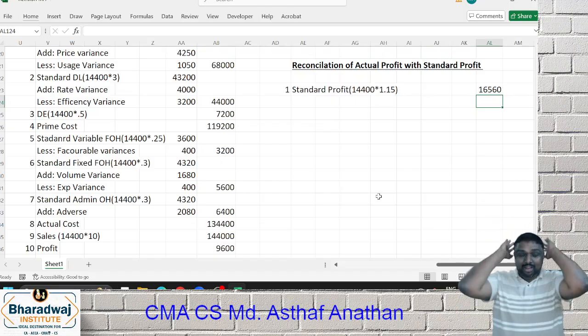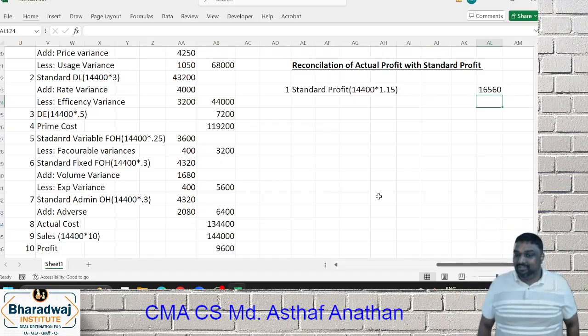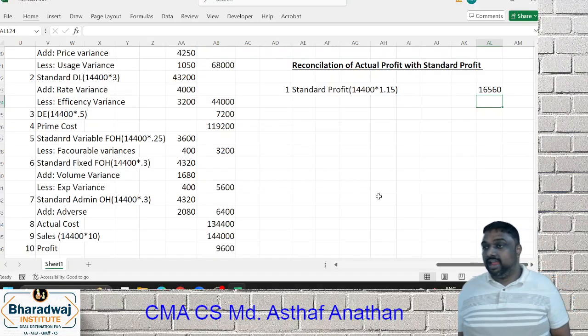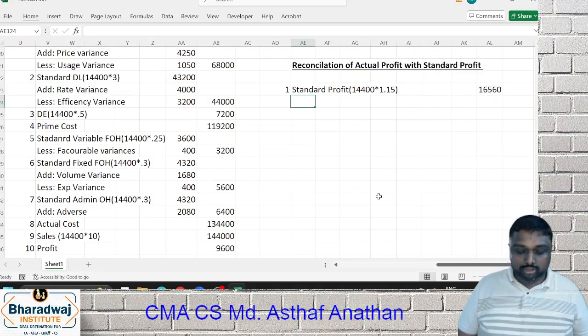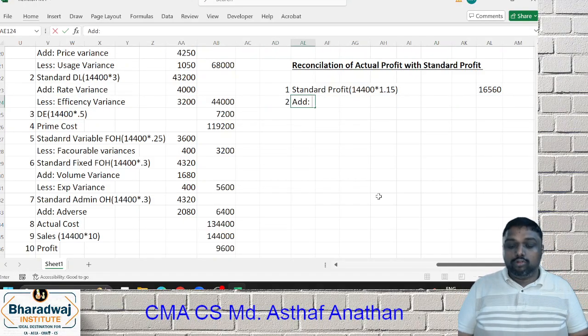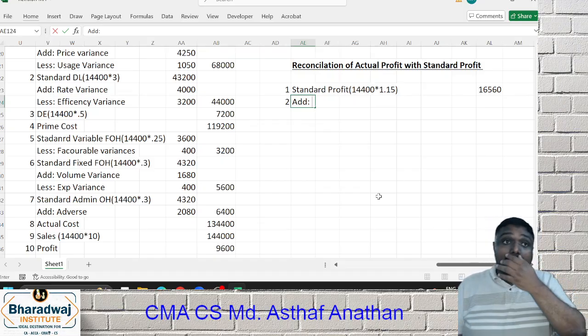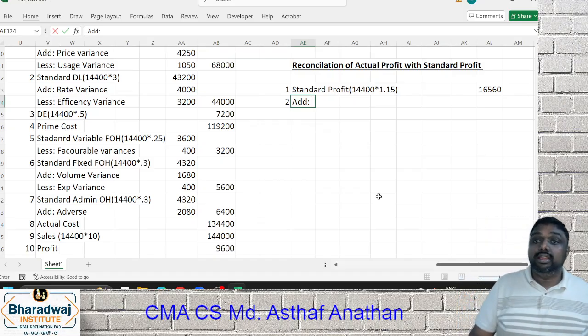Now you have to get the actual. I am telling you the shortcut method, my dear friends, for getting this. This can be a very good point in the model question. See what you have to do now. You have to get actual profit. Your actual profit will increase if it is favorable because your cost will reduce.